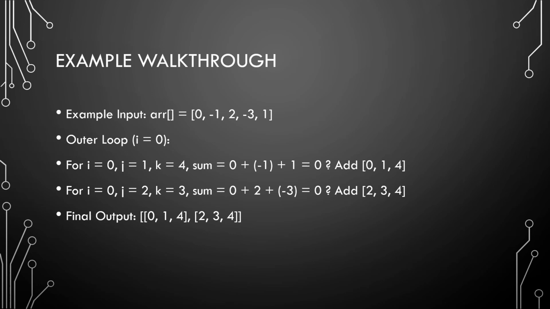Next, for i equals 0, j equals 2 and k equals 3, the sum is 0 plus 2 plus -3, which equals 0. So we add the triplet 2, 3, 4 to the result. At the end, the output is 0, 1, 4 and 2, 3, 4, the indices of the triplets with a sum of 0.